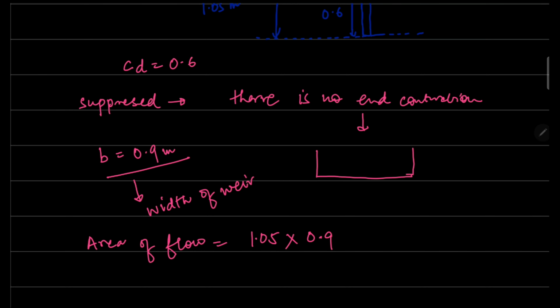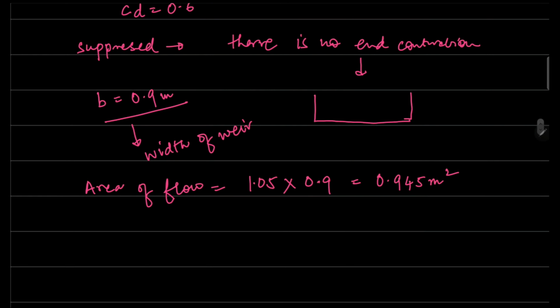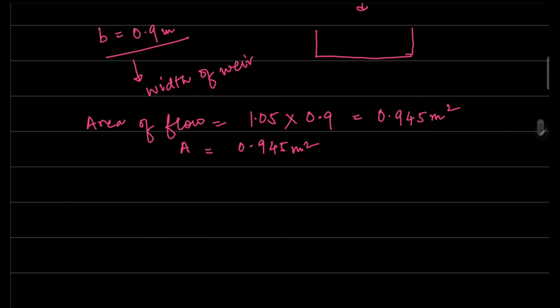So 1.05 multiplied by 0.9 gives 0.945 meter square. So A is equal to 0.945 meter square.